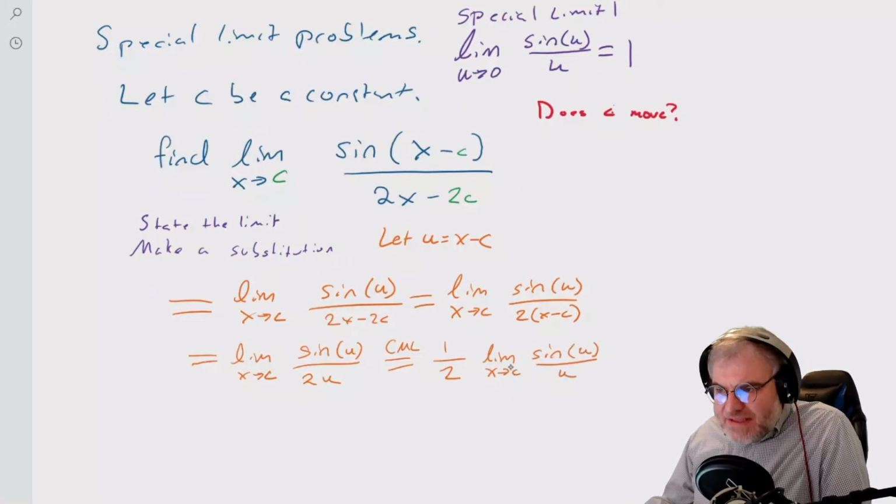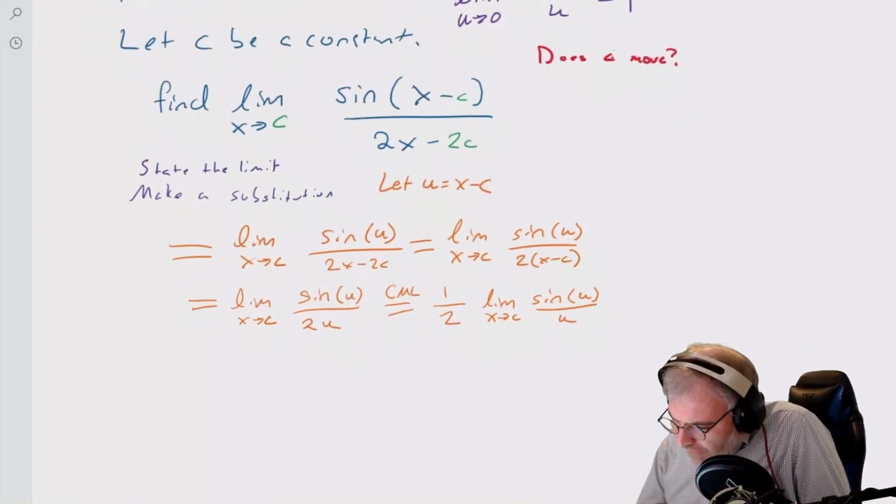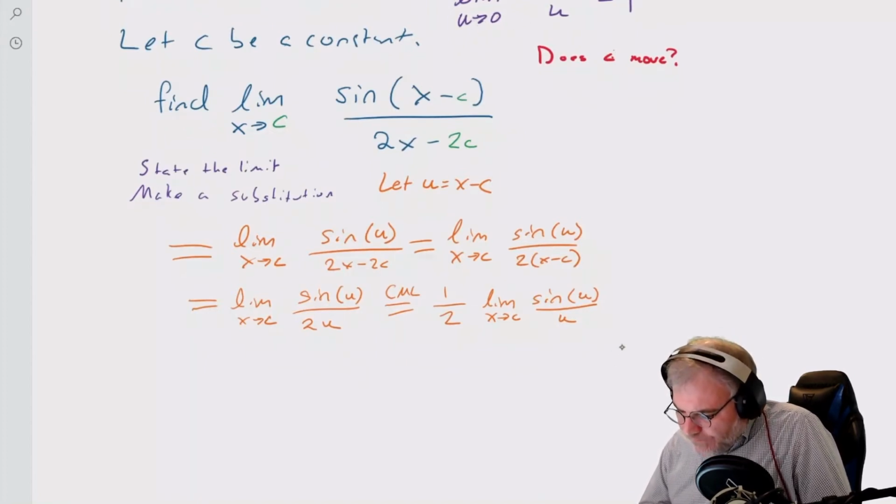I've got one piece left here, that x goes to c. Well, I've got my special limit here. So wouldn't it be nice if u went to 0 and x went to c? Let's find out.